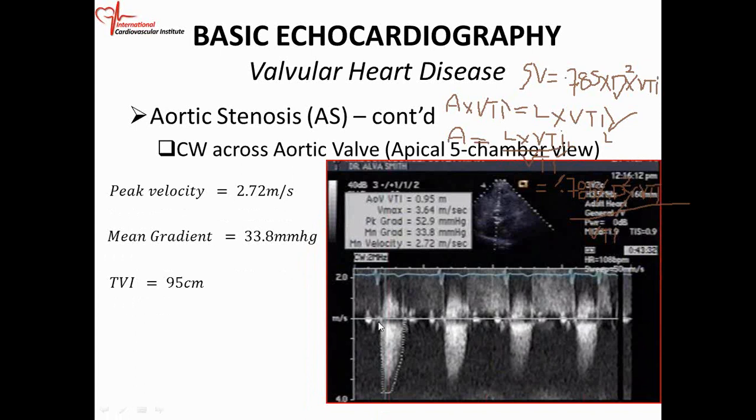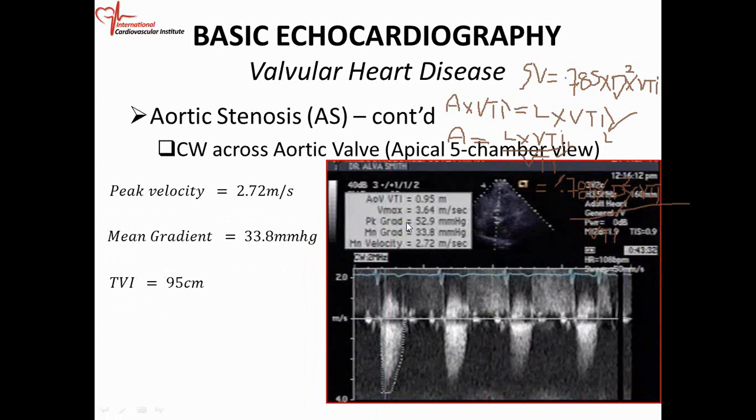So this is the VTI across the aortic valve. So you have all the stuff you need now to plug in your equation and get your aortic valve area. But if you note clearly, when you do the VTI across the aortic valve, you're going to get a peak gradient.